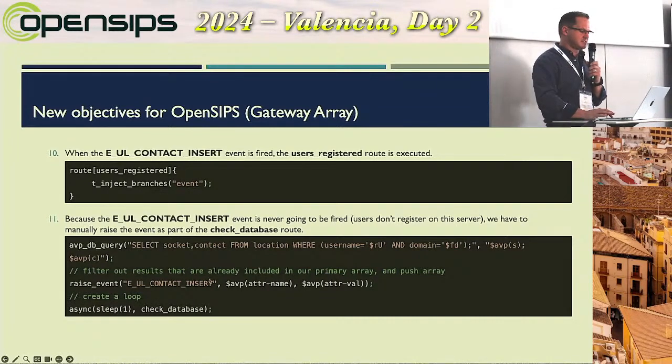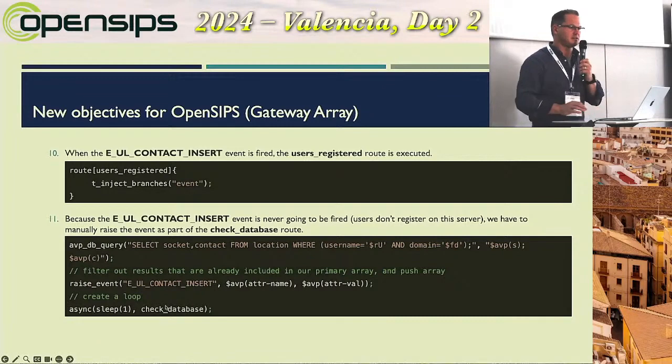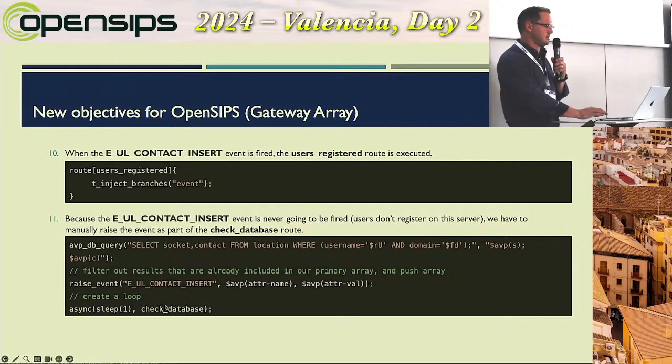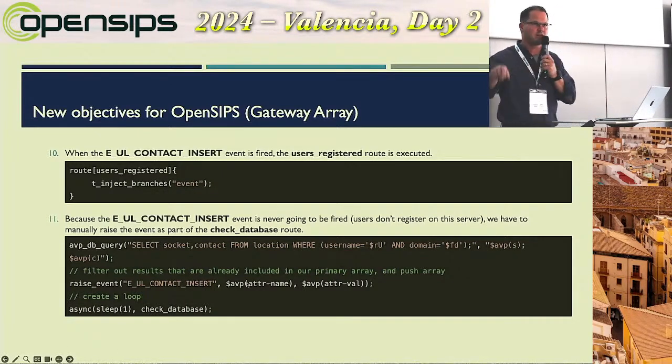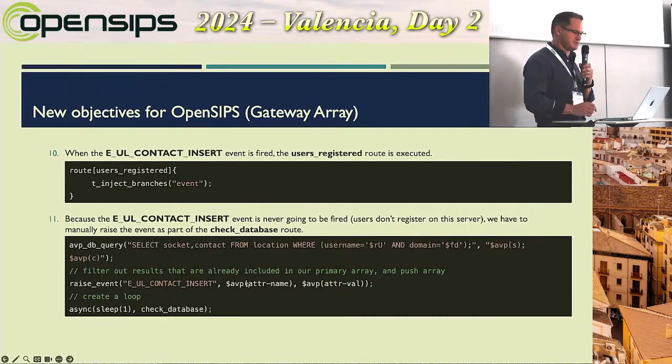So I then raise the event, which then injects the branches, and I create it in a loop called a check database. So here at the bottom, I loop back to myself. I say check database again, which essentially goes around in a loop, round in a loop, round in a loop, without holding up OpenSIPS. These are all asynchronous actions.